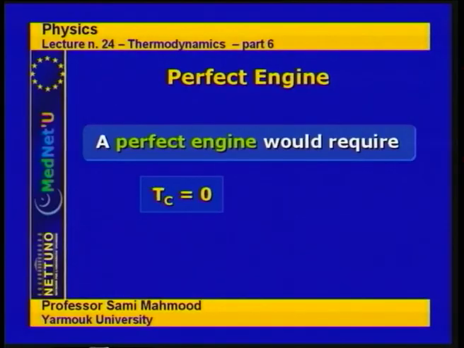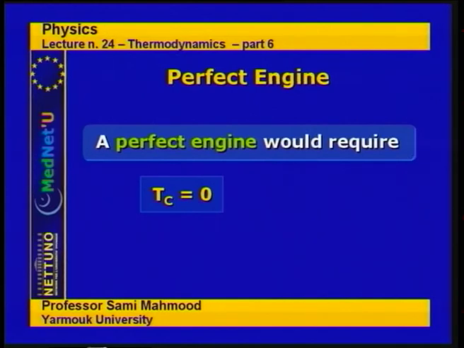That is true for a perfect engine. But what are the conditions for such a perfect engine? If we recall the equation that gives us the efficiency, efficiency is equal to 1 minus T sub C over T sub H. That means T sub C should be 0. If we put T sub C equal to 0 in this formula, then we get epsilon equal to 1.